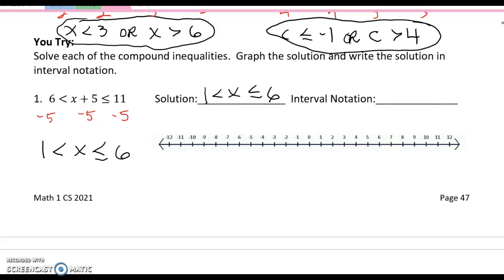All right, now we need to write our answer using interval notation and to graph it on a number line. So let's start with graphing on the number line. Again, because we have an or equal to with the 6, we're going to put a closed circle on 6. And because we do not have an or equal to symbol next to the 1, we're going to put an open circle.